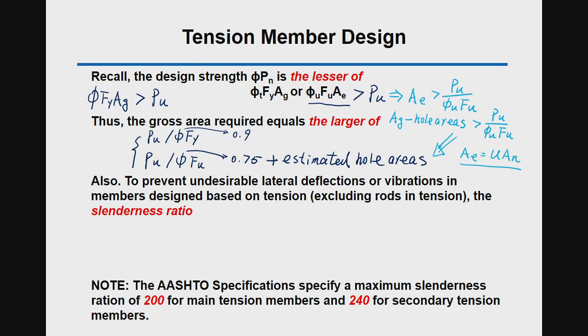All right. And in addition, to prevent undesirable lateral deflections or vibrations in members designed based on tension, the slenderness ratio L over r is suggested to be smaller or equal to 300. That is required by AISC section D1, okay?